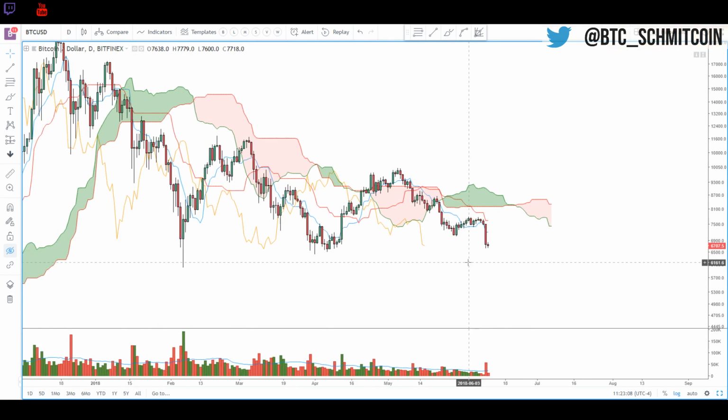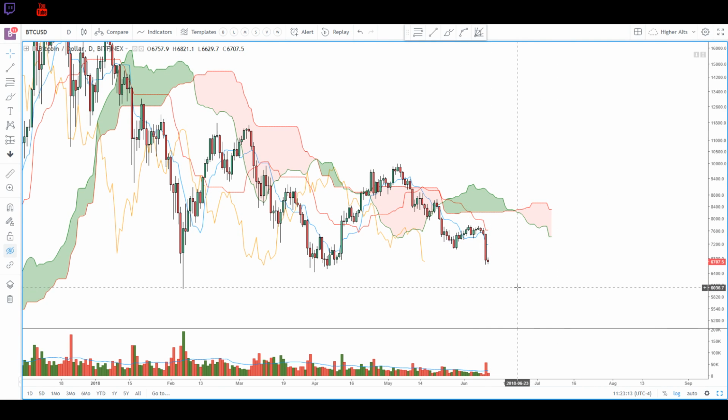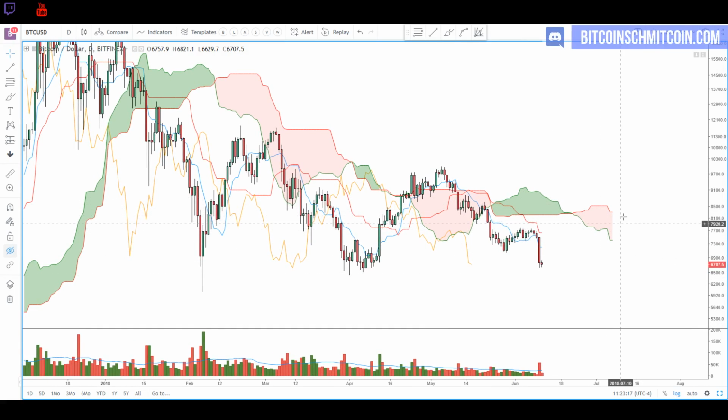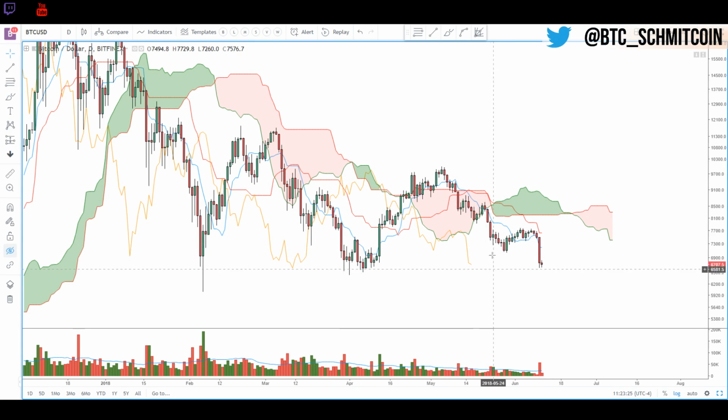So you can see here, it's really choppy, not really giving the best continuation signals. You do see the bearish Kumo. We're trending beneath the Tenkan and Kijun. The lagging span is beneath the cloud and price. So yeah, there are bearish signals, but during consolidation, the cloud's not really the best tool.